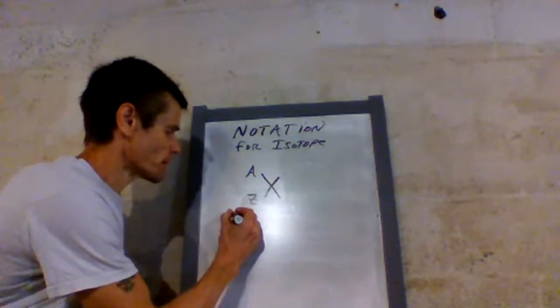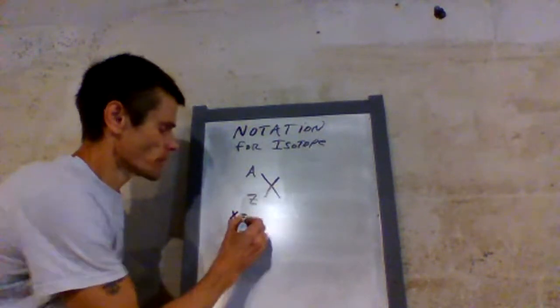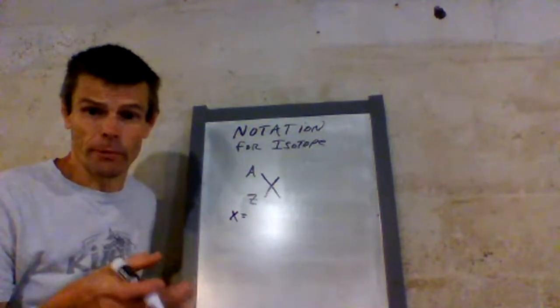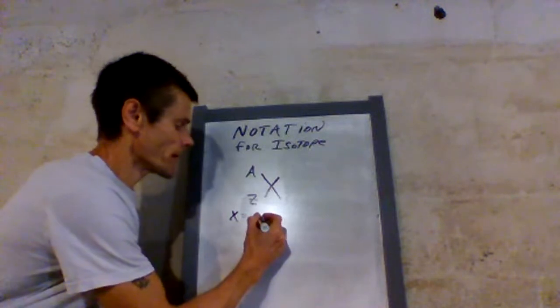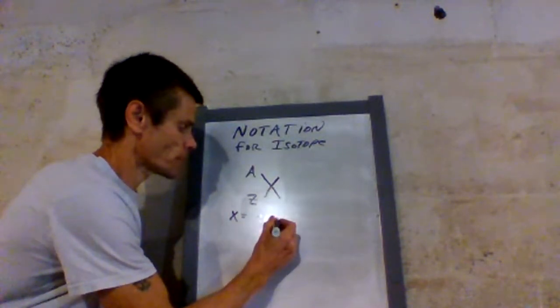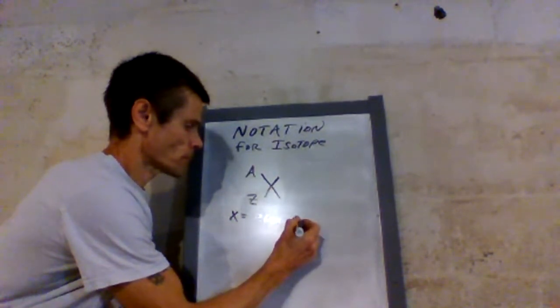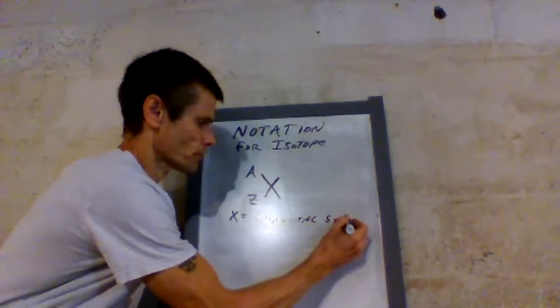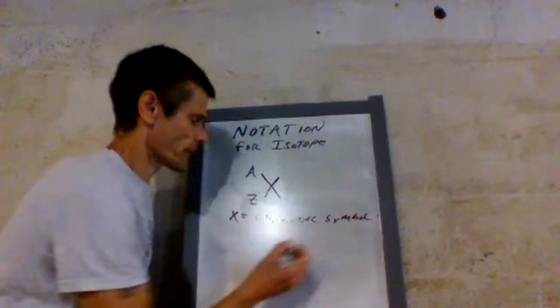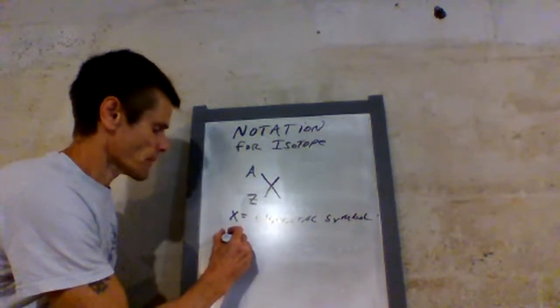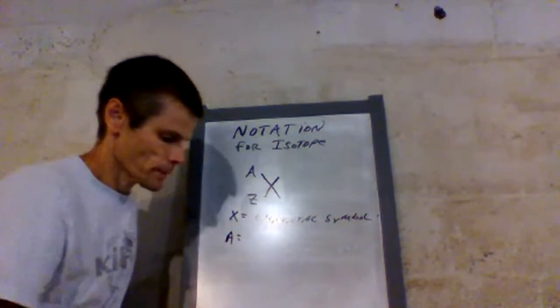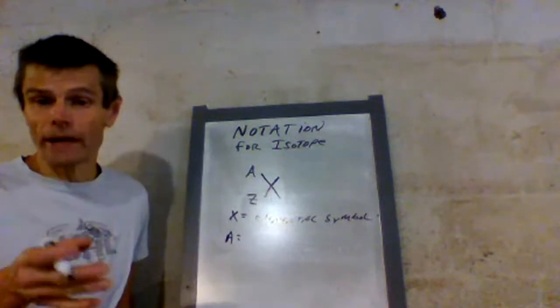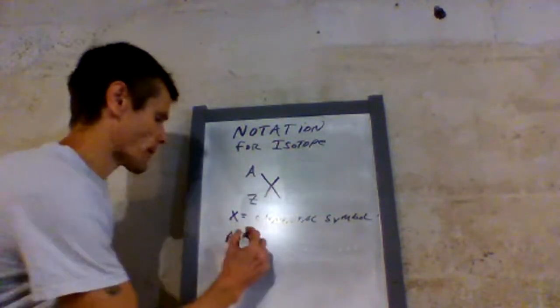X is going to be a letter or a series of letters, two letters at most, and X is the elemental symbol. We'll go over several examples. A is a number, and it's called our mass number.